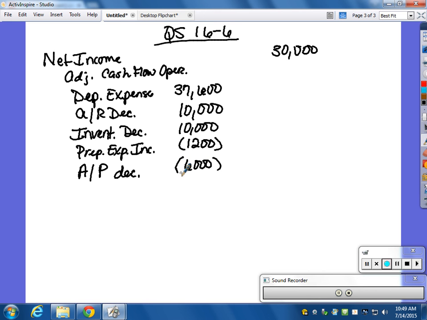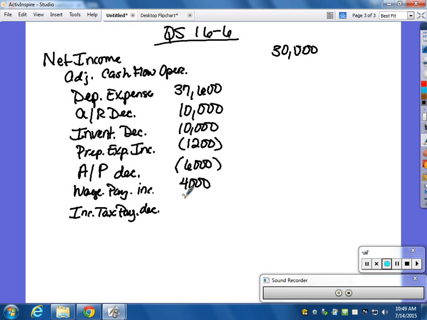What's next? Would it be wages payable? Wages payable, did it increase or decrease? Increase. Okay, and what do you do to net income? Increase it by 4,000. What's next? Income tax payable, did it increase or decrease? Decrease, and what do you do to net income?